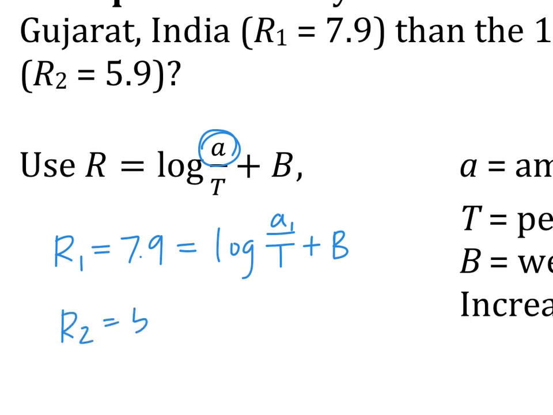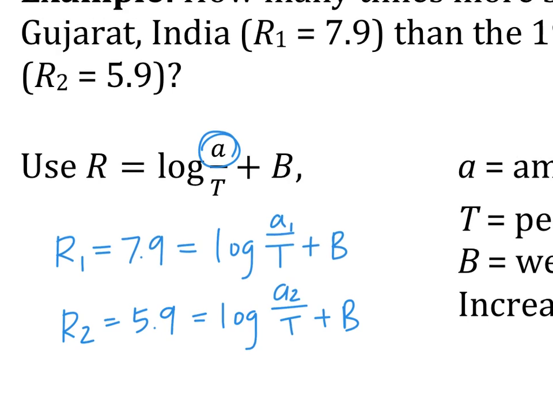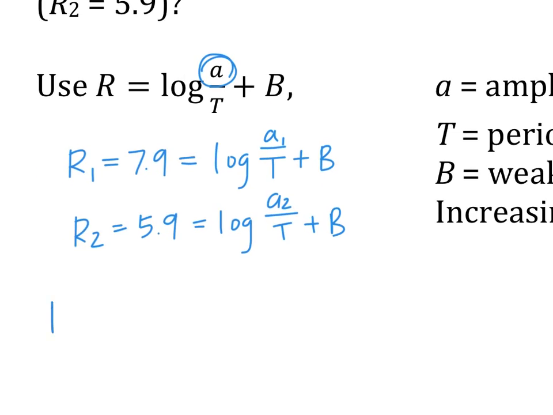R2 is 5.9, which is log A2 over T plus B. We're trying to figure out how much worse A1 over A2 is, because they're asking for how many times worse, not orders of magnitude. So we are going to actually subtract R1 and R2.